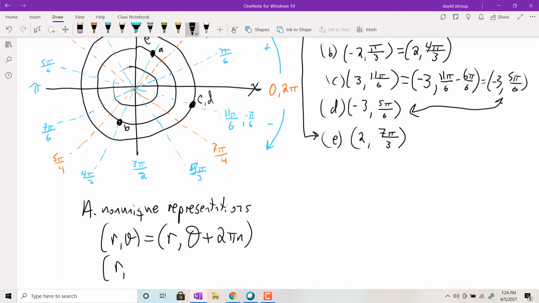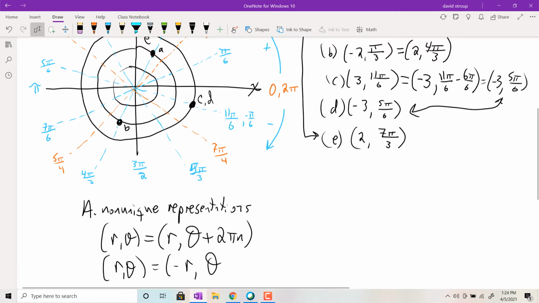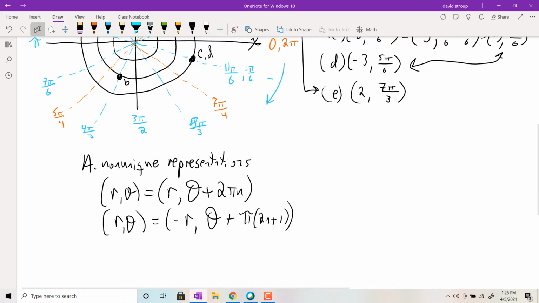The other thing you could do is make the r value negative and then rotate the angle by some multiple of pi. In particular, you want an odd multiple of pi, so it won't work if it's an even multiple of pi. So instead of saying pi n, I have to go with something like pi times 2n plus 1 to make sure that all the multiples are odd. Okay.